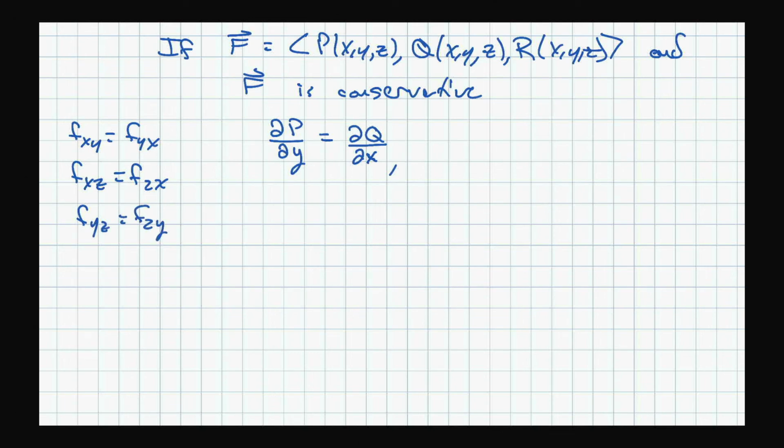All three of those would have to be true for the mixed partials to satisfy that theorem. So we just did one of them. The other one is qz, the last one, would have to equal ry, and then also rx, that would be the zx derivative, would have to equal pz, which would be the xz derivative.